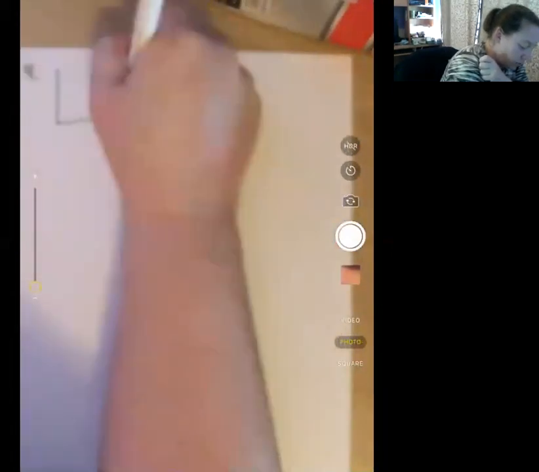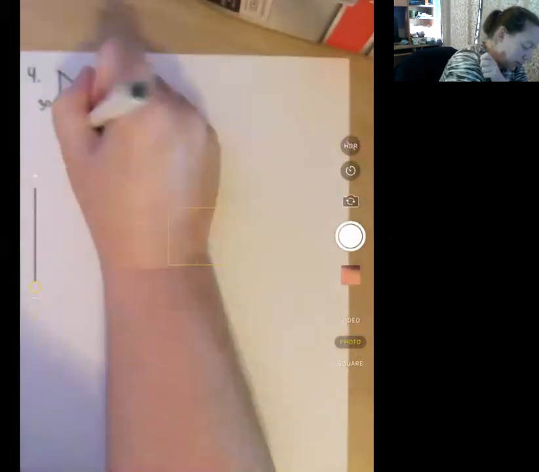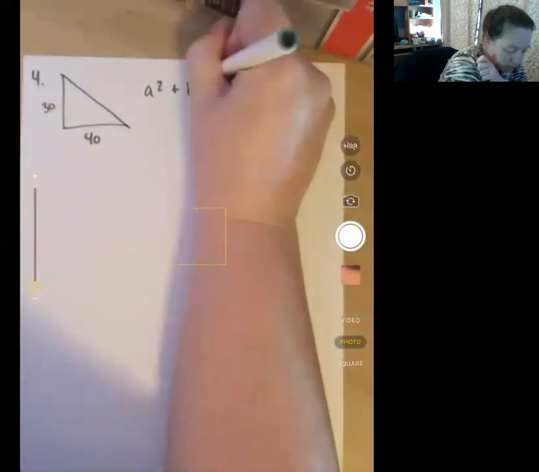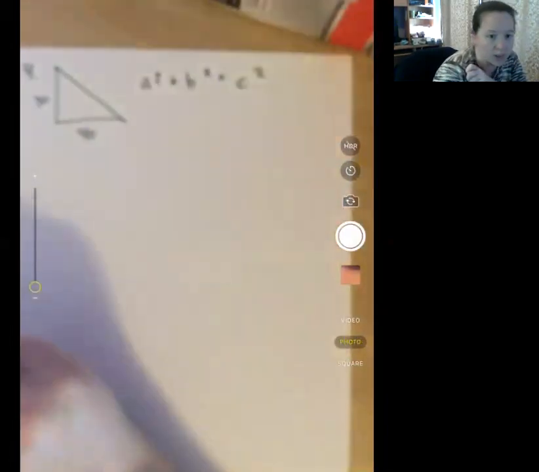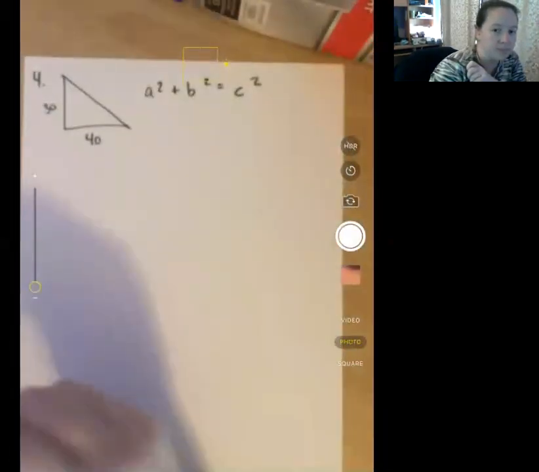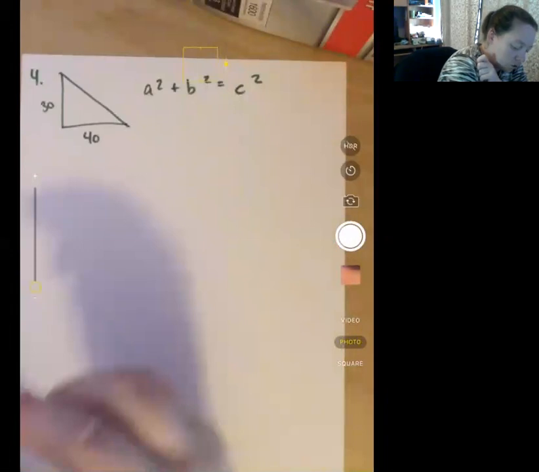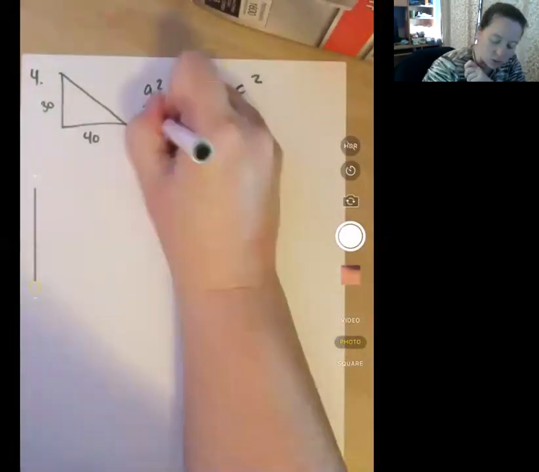Our triangle looks like this. We have a 30 and a 40. I'm going to do a squared plus b squared is equal to c squared. A squared is 30 squared plus b squared, which is 40 squared, is equal to c squared.